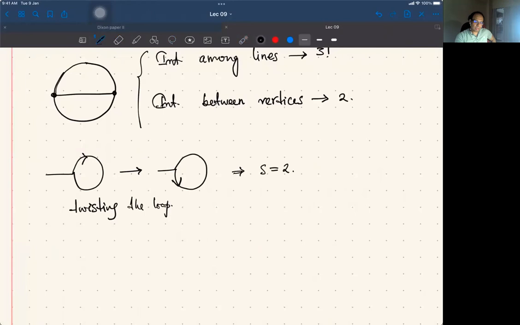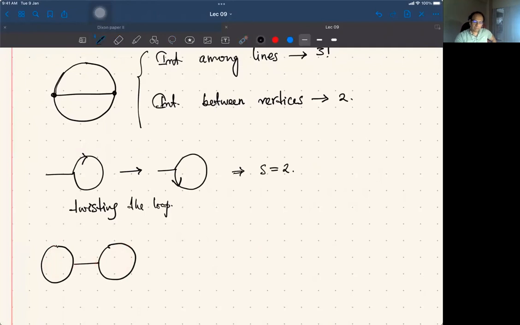You could use the same symmetry argument for this diagram. Right? So in this diagram, the symmetry argument is that there are two loops. The two individual loops can be twisted. You can twist this loop and this loop, and then interchange the two vertices.